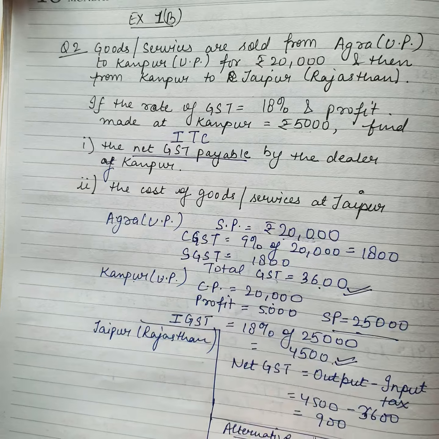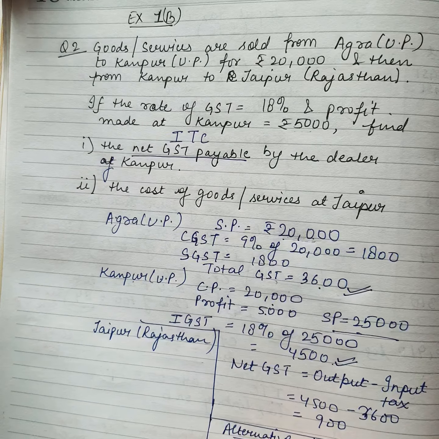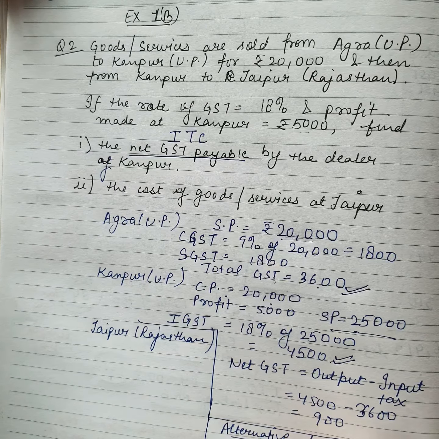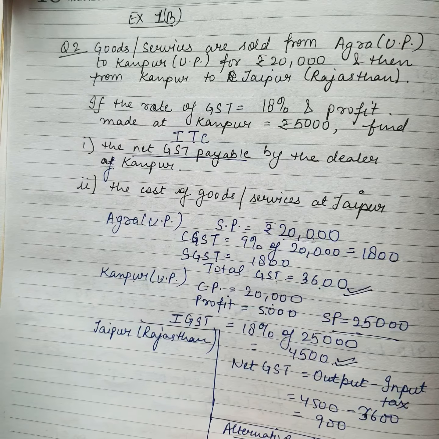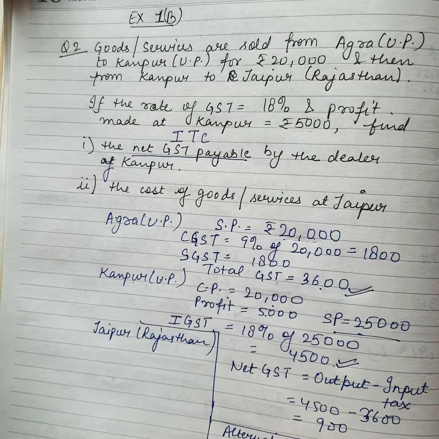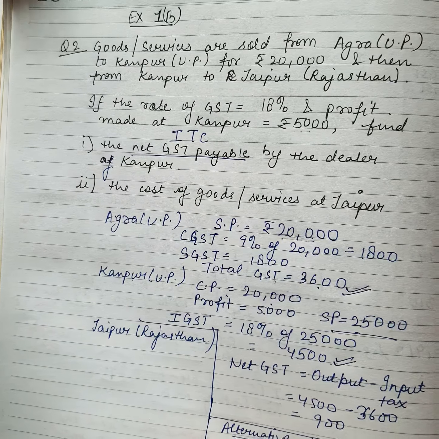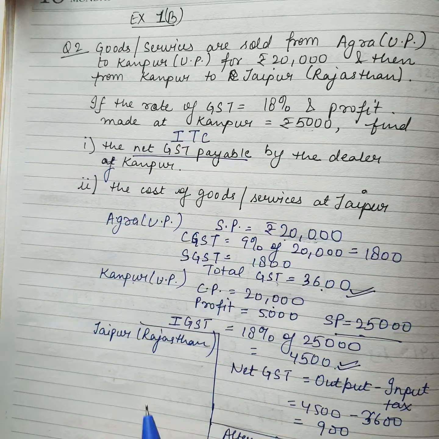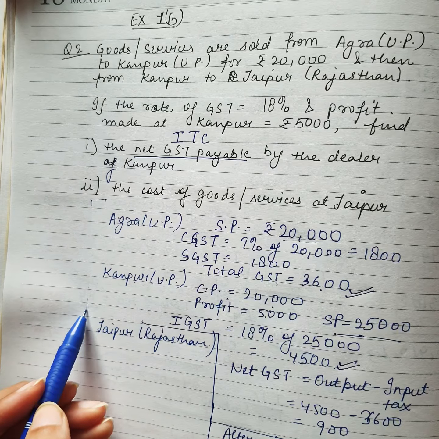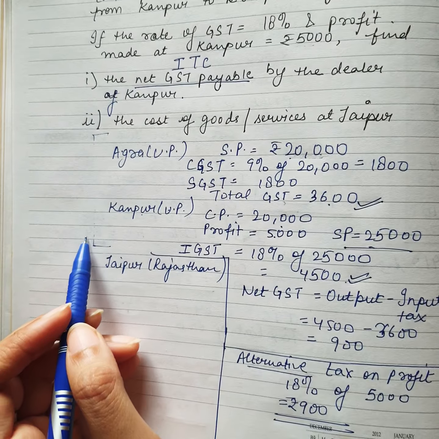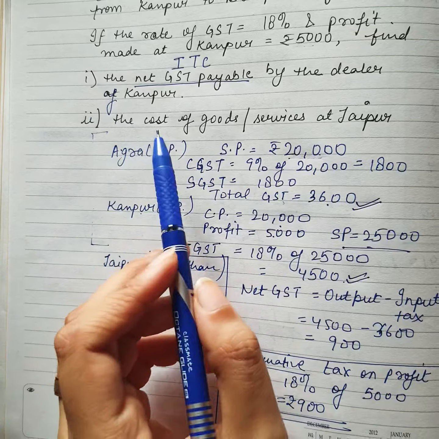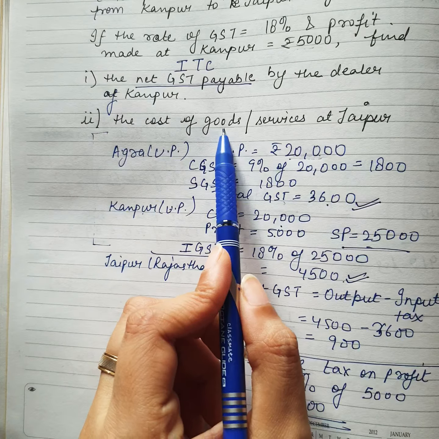There is an alternative way of finding net GST, which is tax on profit. Tax percent is 18% of the profit. Profit is just 5,000. So directly we will get 900 from here. This is just for explanation in this case. Right. Now the cost of goods and services at Jaipur.